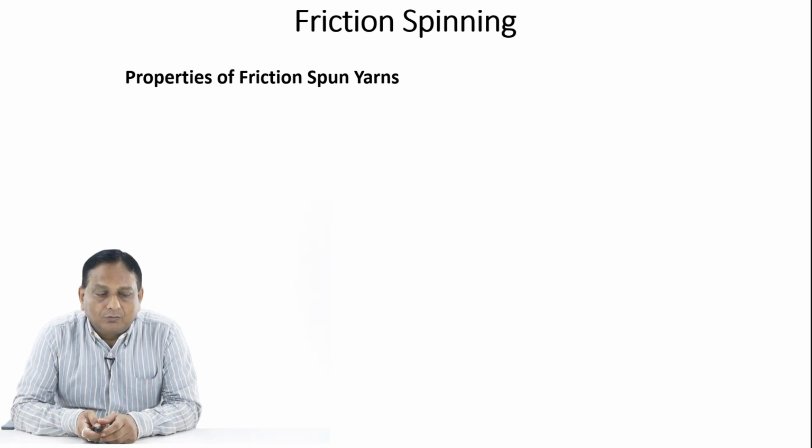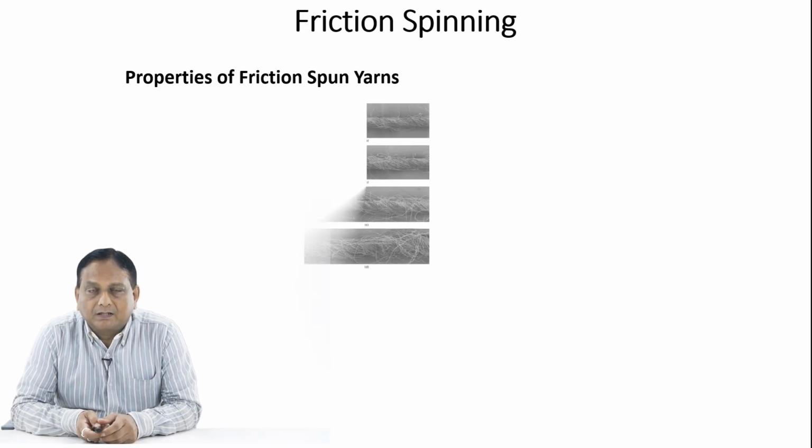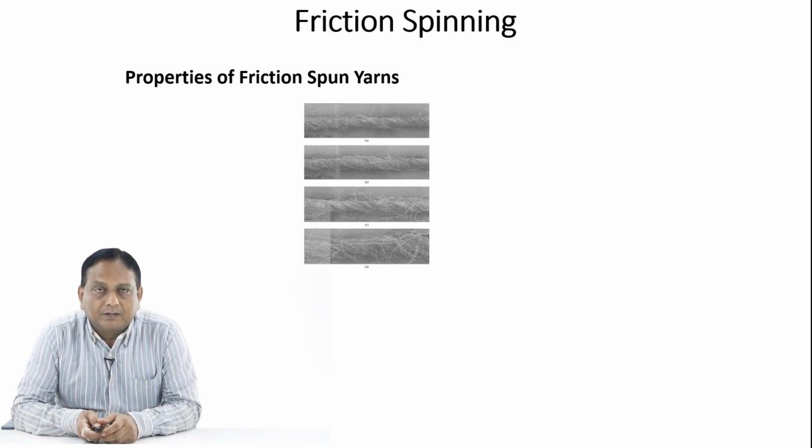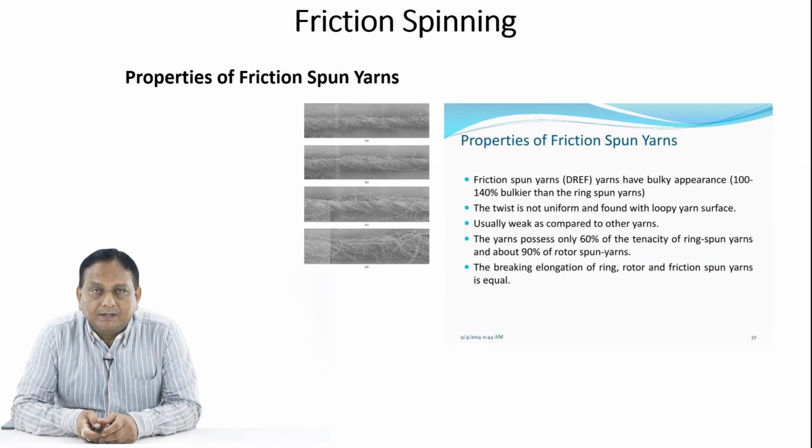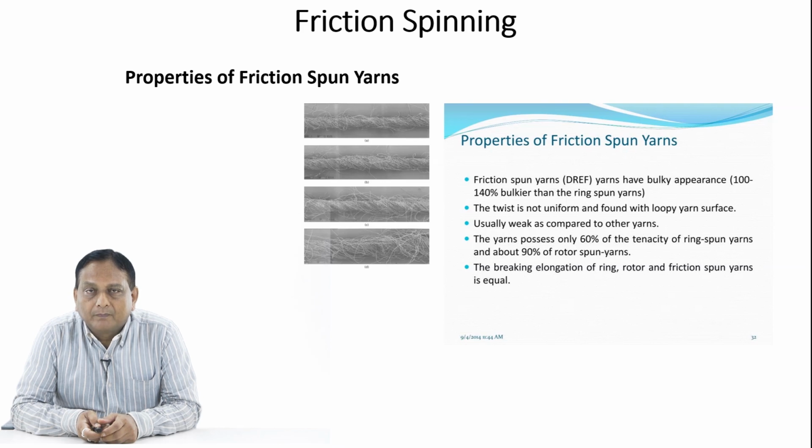Now, if we want to study the different properties of friction spinning, we can see that different properties are there in this friction spun yarn. The breaking elongation of ring, rotor and friction spun yarn is almost equal.